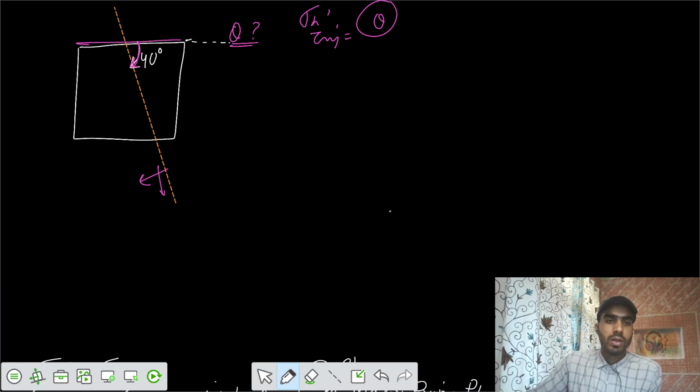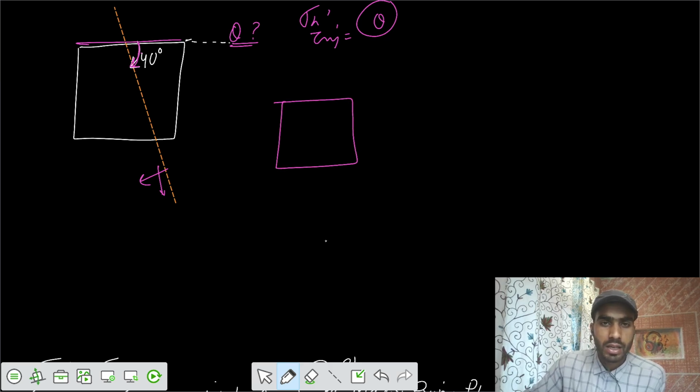So if you want to say what should be the value of theta, let's make it in the fashion that we have in that derivation. We know that from the horizontal you have 40, but we don't care about the horizontal.